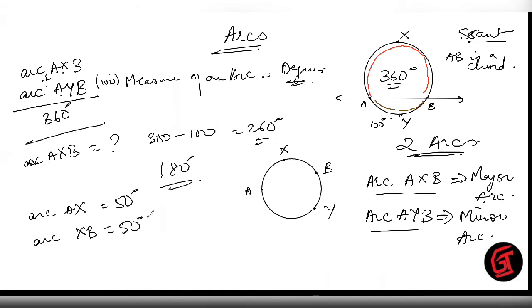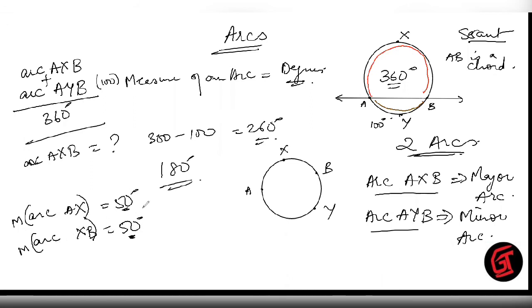Now, whenever we write the measure of an arc, we cannot write only arc. We have to write M and then the arc in brackets. What is the meaning of M? Not monkey. M means measure. When I say measure of an arc, then we know we are writing something in degrees. So the measure of arc AX is 50, and the measure of arc XB is 50.